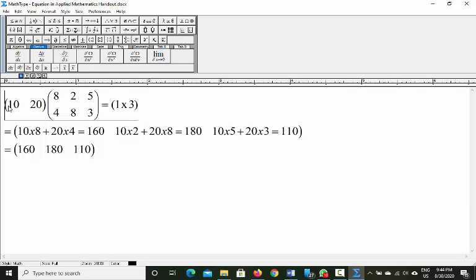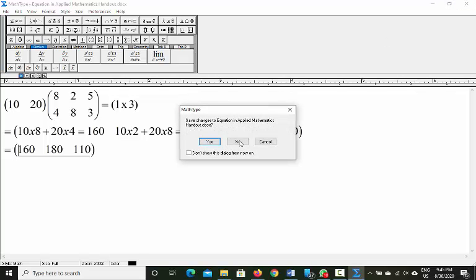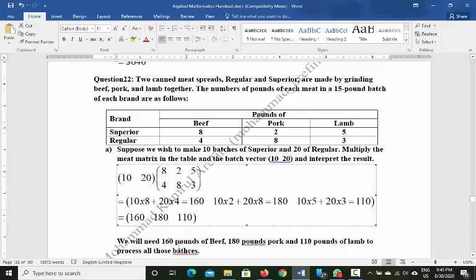So that means if we want to produce 10 batches of superior and 20 batches of regular meat spread, then in that case we will need total 160 pounds of beef, 180 pounds of pork, and 110 pounds of lamb to process all those batches.